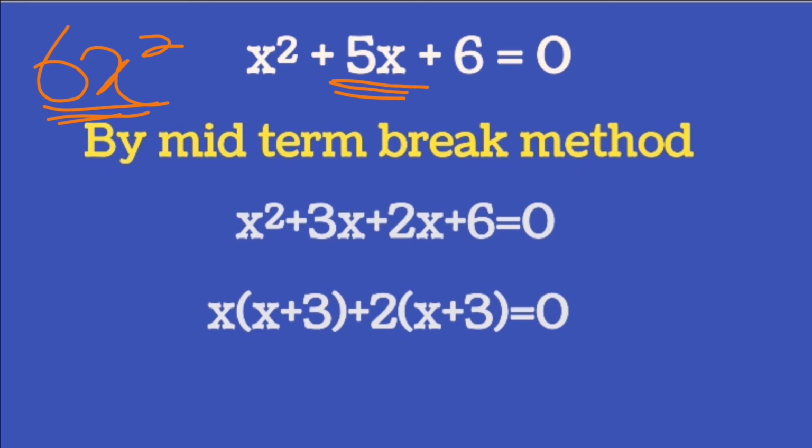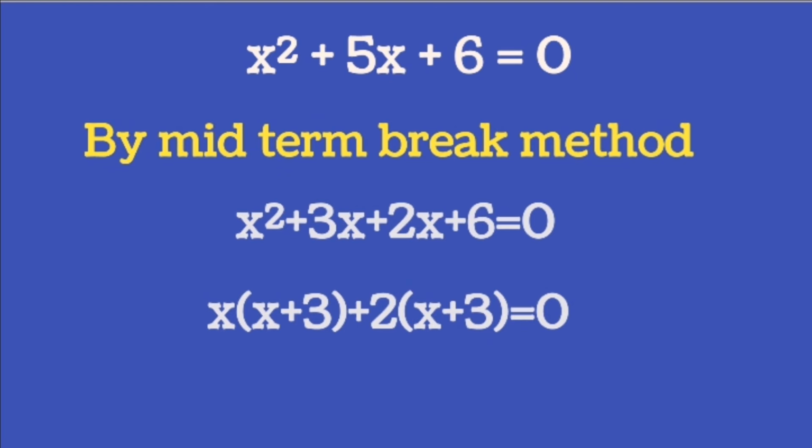So the required two numbers must be 3x and 2x because the multiplication of these two terms is 6x square and the sum of 3x and 2x is equal to 5x.